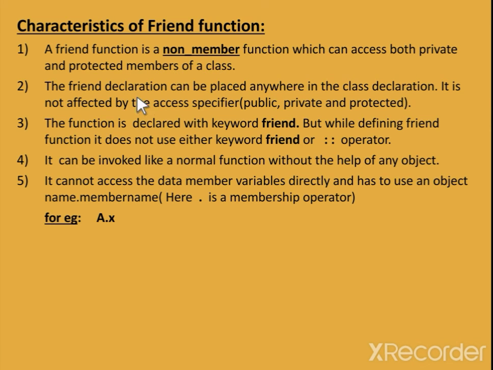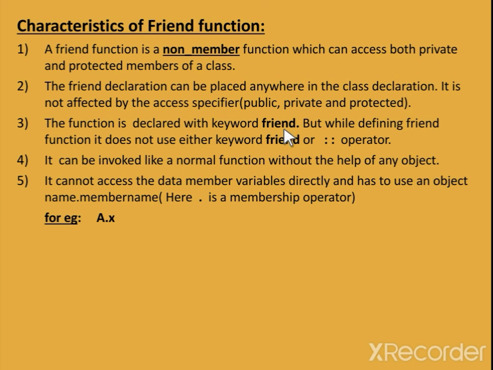The friend declaration can be placed anywhere in the class declaration. It is not affected by the access specifiers public, private and protected. And the third characteristic is that the function is declared with the keyword friend.